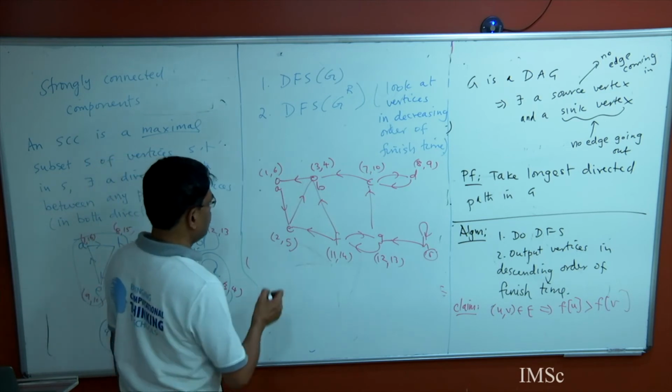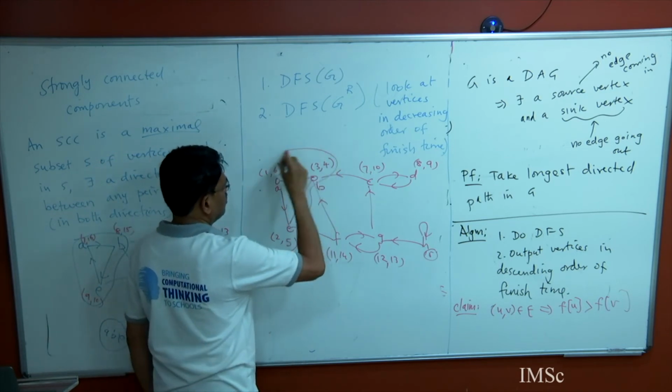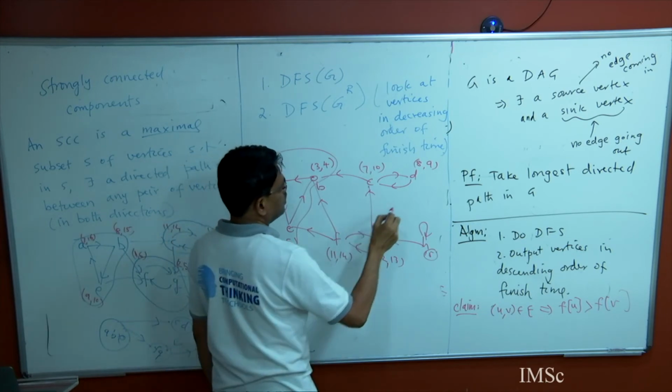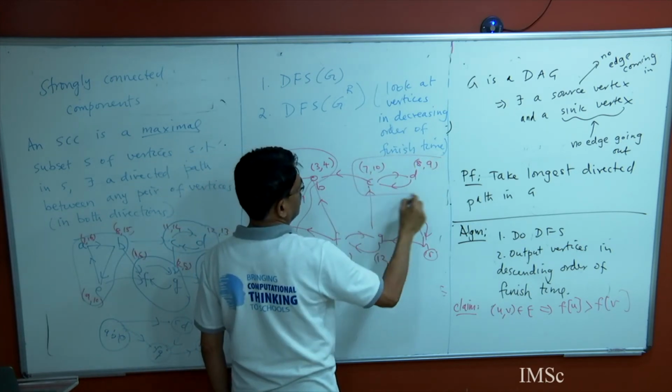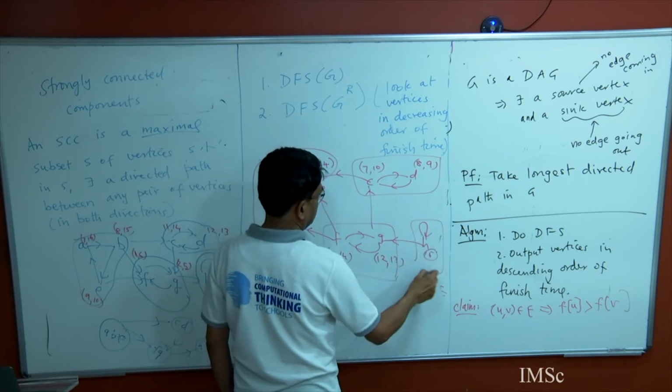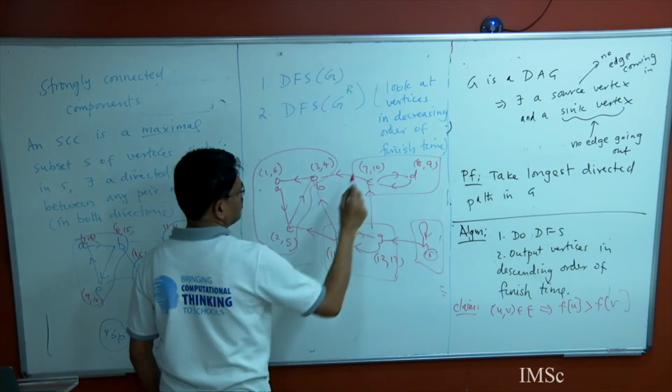Okay, so what are the components I visited? Well, I sort of finished here. One component, and this was a component, and then this was a component, and this was a component, and the claim is that these are the strongly connected components.